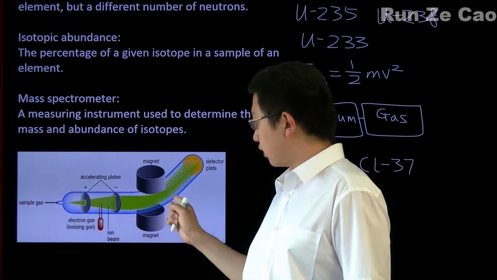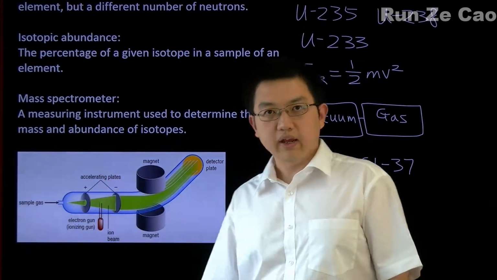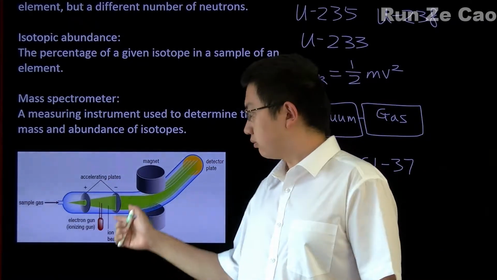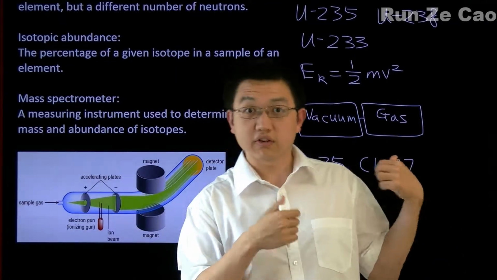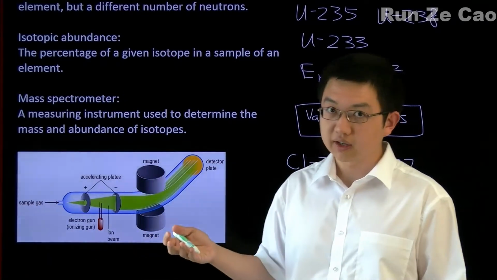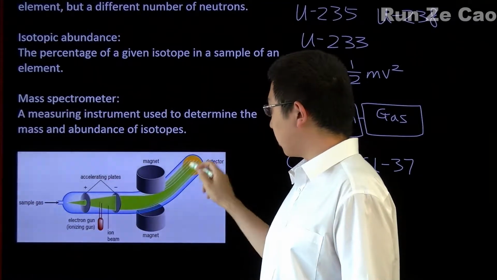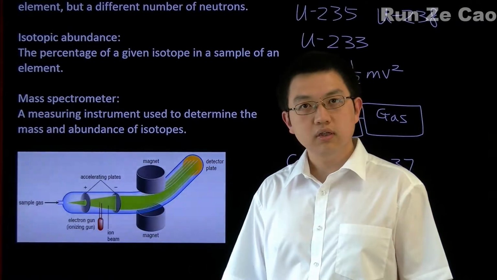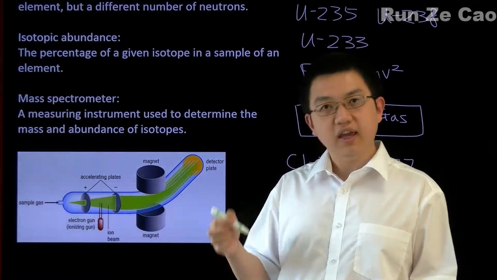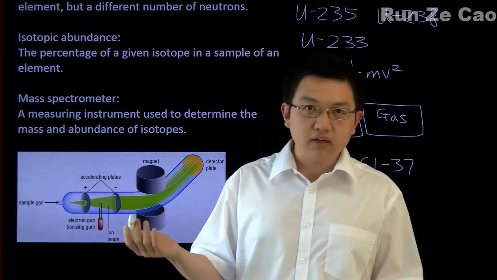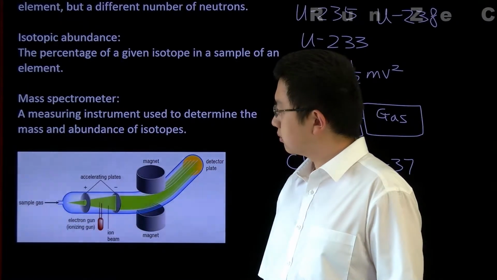So if you exert the same force on each ion, because they have the same charge, and approximately the same speed, well, this is mostly for the heavier ones. I mean, if you have lithium-6 versus lithium-7, the speed is appreciably different. But the point is, they behave differently, and thus they hit the detector plate in different positions. So if they hit the detector plate in different positions, well, you can measure how many hits there are of each, right? So that gives you the isotopic abundances.